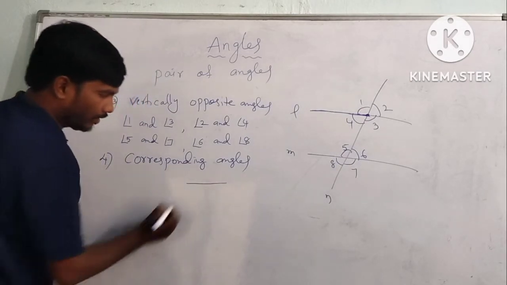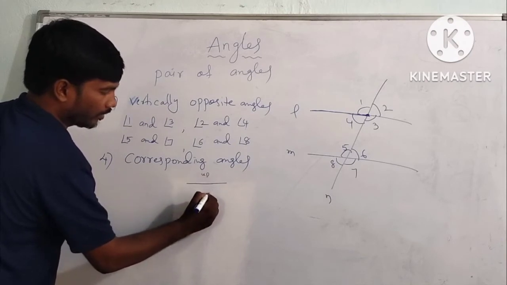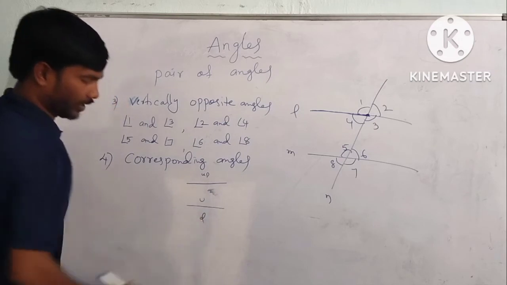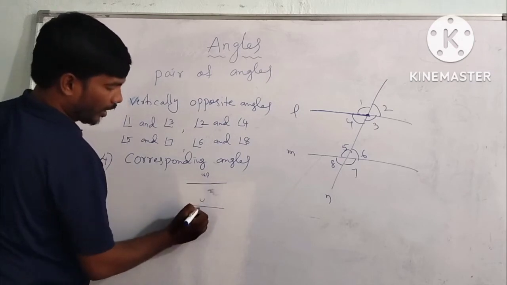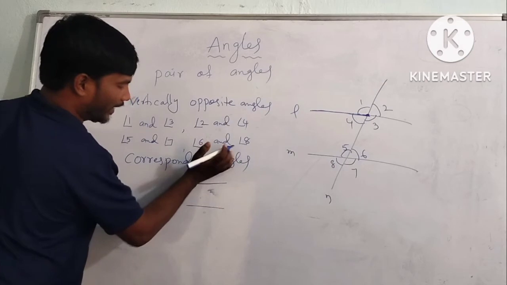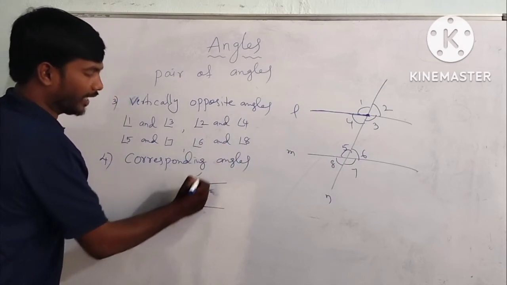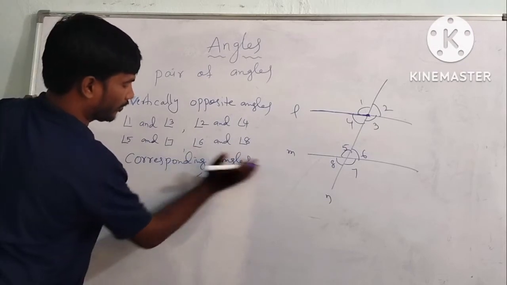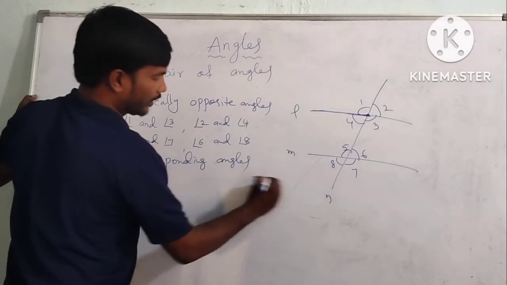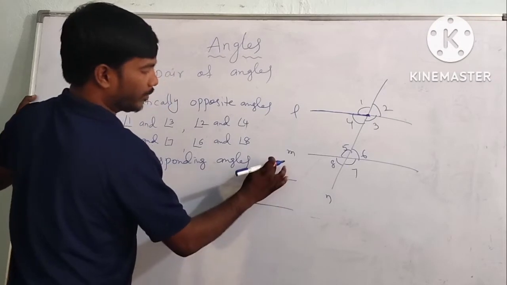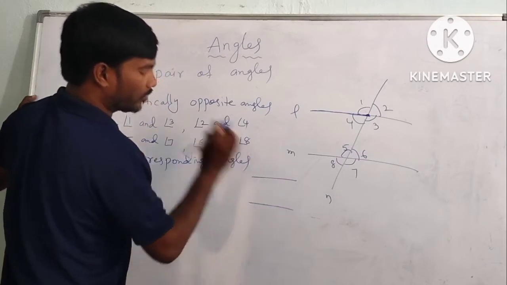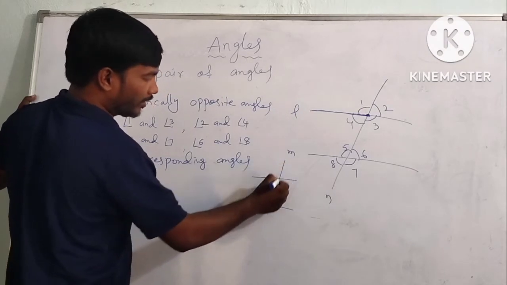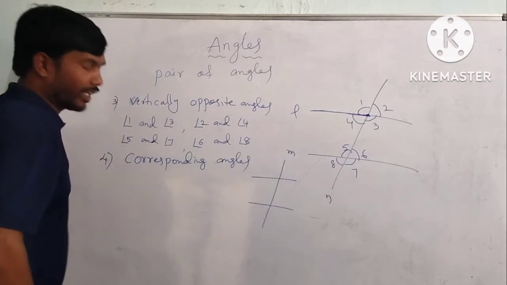This line has an upside and a downside. Another line also has an upside and a downside. So the angle needs to be either upside of both the lines or downside of both the lines. Okay, the first point is clear. I am taking upside. And the second point, it needs to be on the same side of the transversal.